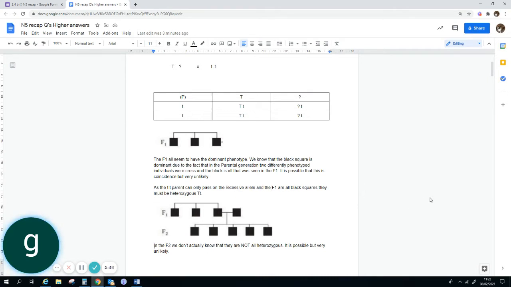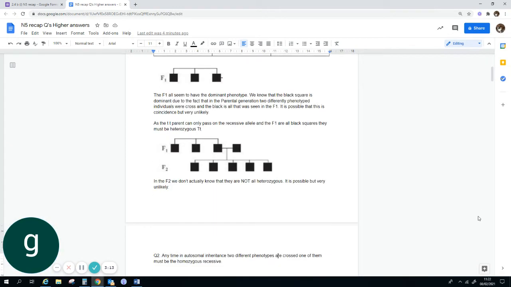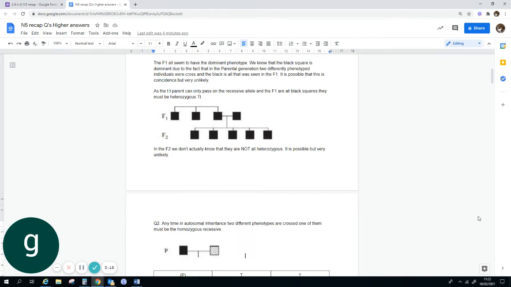If the F2 were looked at, we don't know that they're not heterozygotes. It is possible, but it's very unlikely if we're crossing the heterozygote with either a heterozygote or a homozygous dominant here. It's unlikely that that would give you only heterozygotes. So that means the answer to that one is just the F1.